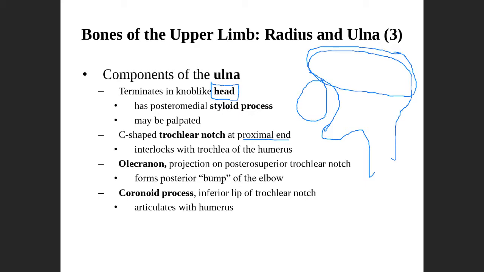Then this little tip down here is the coronoid process, which is going to approximate with the coronoid fossa on the humerus. That coronoid process is this little lip down here. The olecranon will be this whole top portion here.